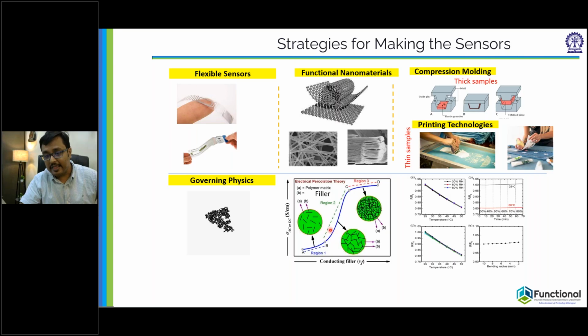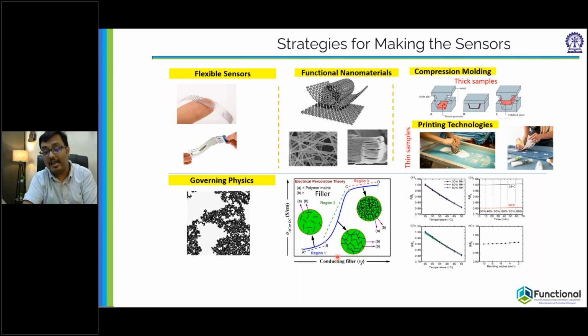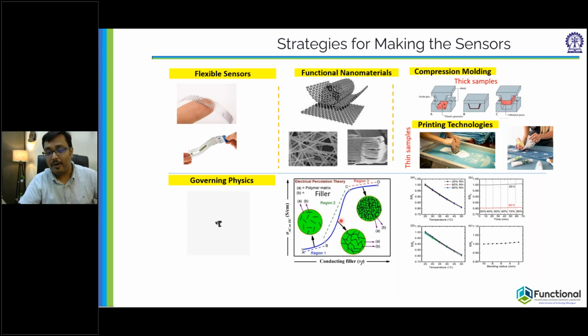At this particular concentration, if you drop a line down to the x-axis, you can get an idea at what volume fraction or what PHR of filler you are establishing the first percolation network structure.